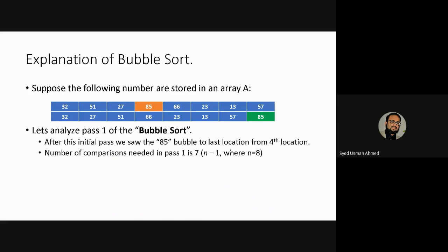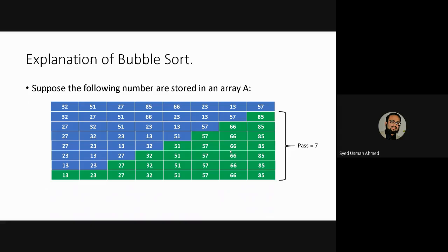In general, it's n minus 1, where n is equal to 8. If we apply the same algorithm to the complete set of data, we will require 7 passes. In those 7 passes, we will sort the complete list and get a list like this: 13, 23, 27, 32, 51, 57, 66, and 85. So this is the complete workflow of the bubble sort algorithm.